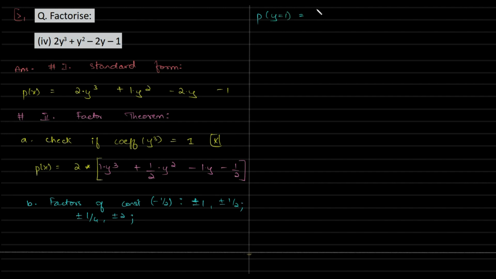And so we can go back to this itself. 2 into y cube plus 1 into 1 square minus 2 into 1 minus 1. Clearly this is 0. So once this is established, you can tell, therefore y minus 1 is a factor of p of y.